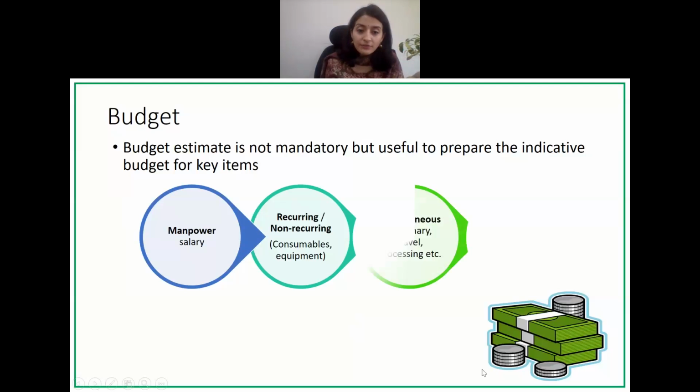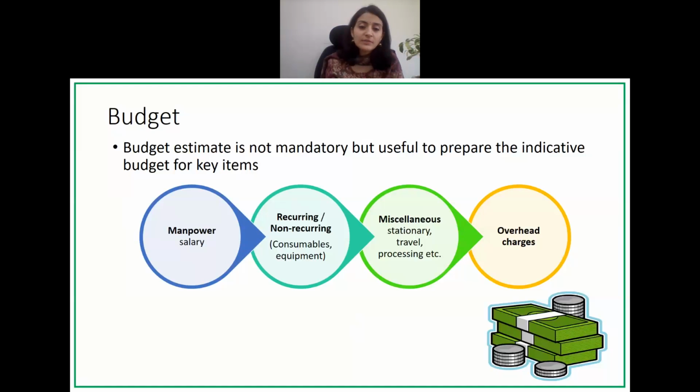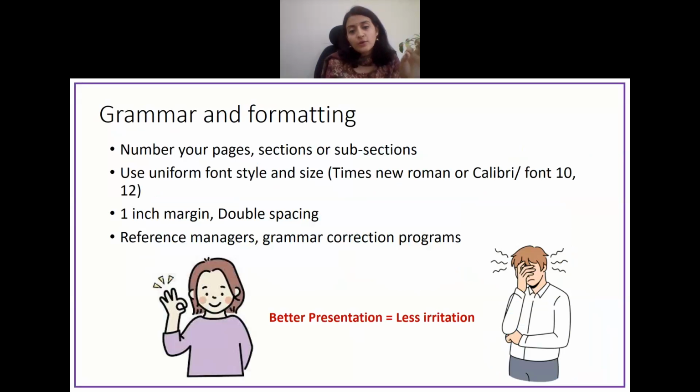Apart from this, we can have miscellaneous costs of stationery, of travel if required in your study, of processing charges for articles or access to journals, etc. And overhead charges, which are mainly administrative charges that are sometimes asked for by institutes where you're working. So all these can be included when you make your budget for your proposal.